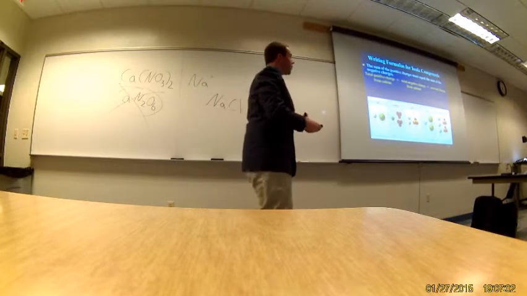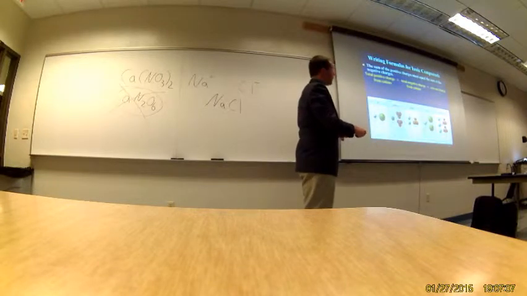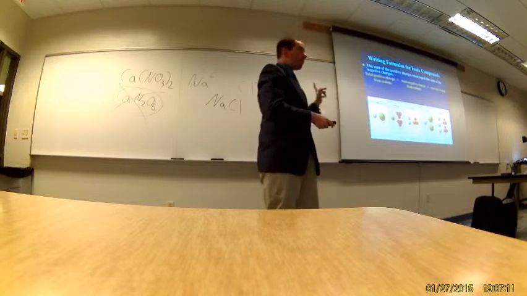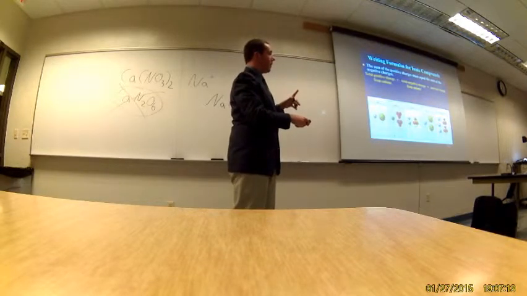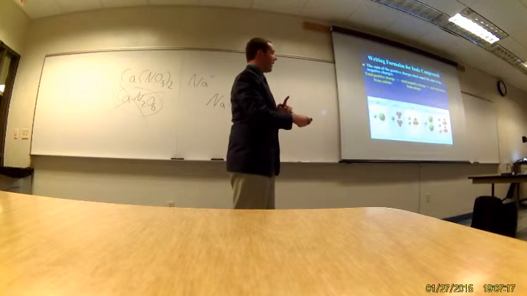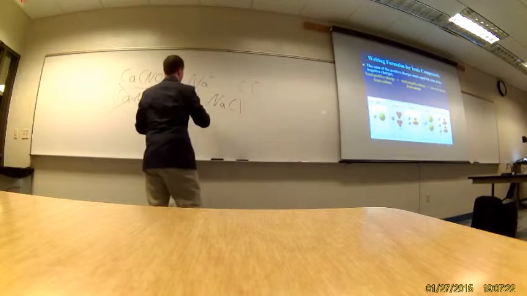Here is sodium sulfate. Sodium has a +1 charge. Sulfate has a -2. So in this case, we need 2 sodiums to balance out the -2 on the sulfate. So we have Na2SO4.